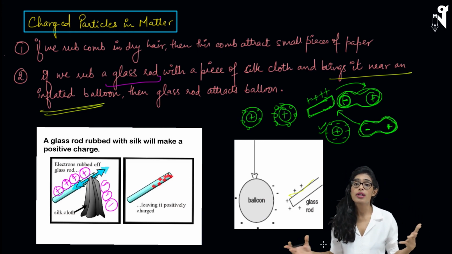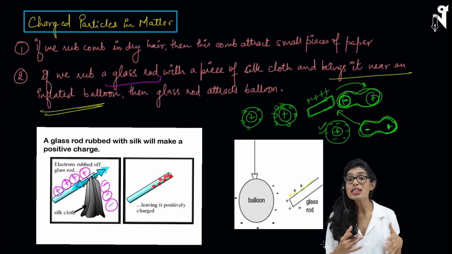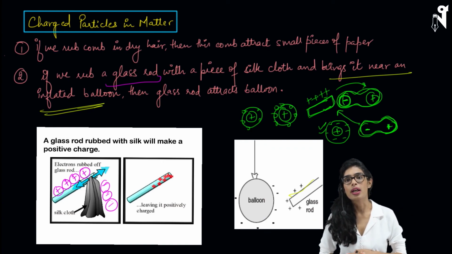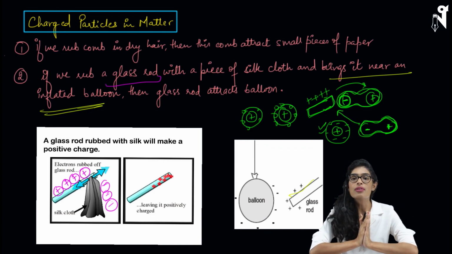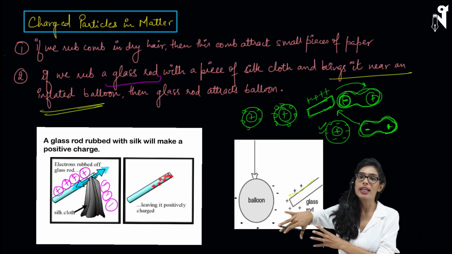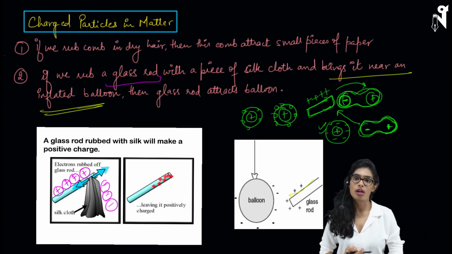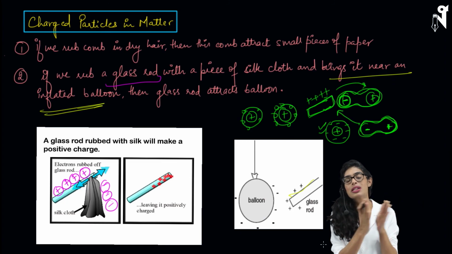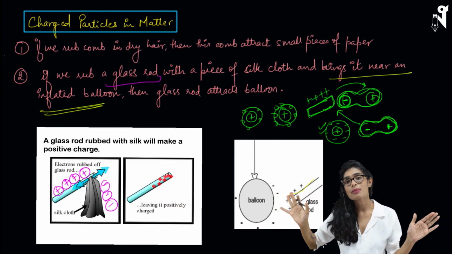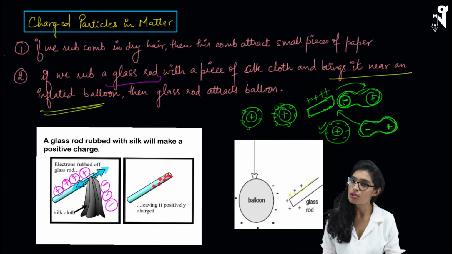Now there can be a question from many people: why is this positive not repelling that positive of the glass rod? Because it is away from the surface, and that is the reason why the dipole has got generated, because the positive charge didn't want to get repelled. It stayed away in that molecule and atom and pushed the electrons towards the positive charge, so that there can be attraction between positive and negative, and the positive part of that molecule or atom can stay far away to avoid the repulsion from the glass rod.